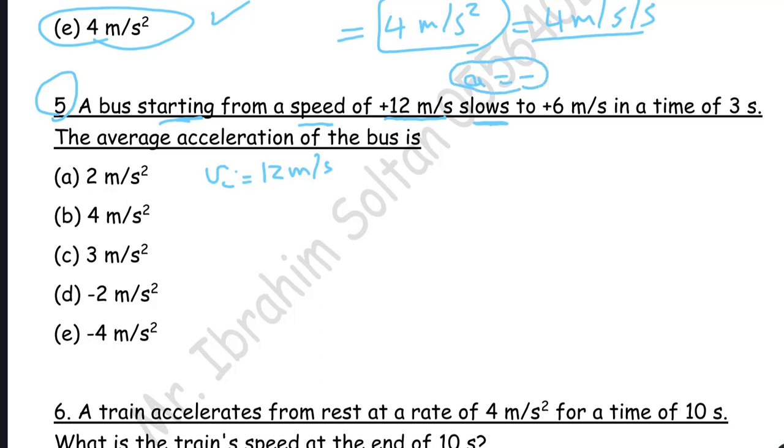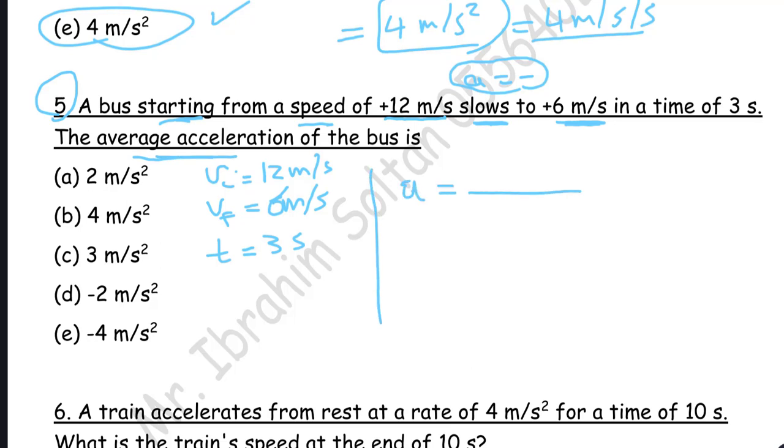Because it slows down to 6 meters per second, so V final is less than V initial, in a time T equals 3 seconds. He wants to calculate the average acceleration.